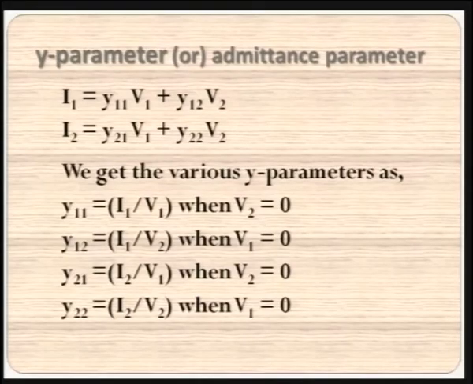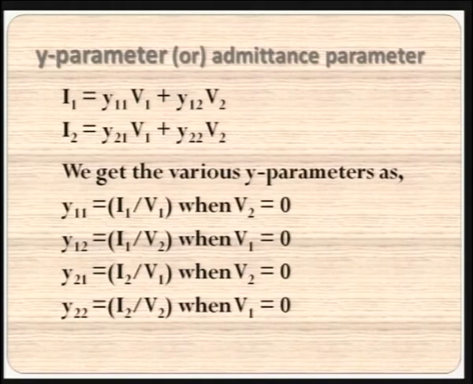As we have done in the previous case, that is the Z parameter, here in the Y parameter also we can try to find out what these factors Y11, Y12, Y21 and Y22 mean. Let us now have a look at the representation of these individual parameters, which are called Y parameters.